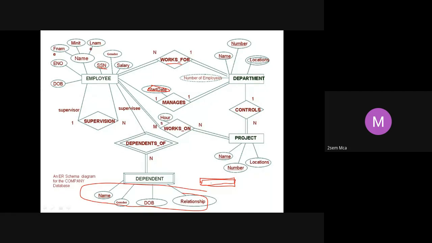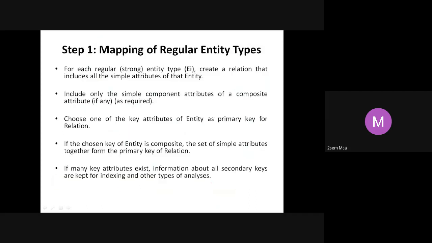So employee will be a table, department will be a table, project will be a table. You can just close your eyes and create a table for all the strong entities that are there in the ER diagram. Now, yesterday's example, let us go back. For every strong entity in the ER diagram, you can simply create a table.